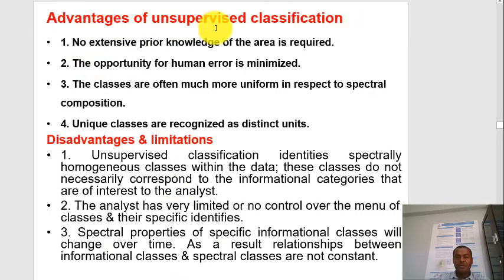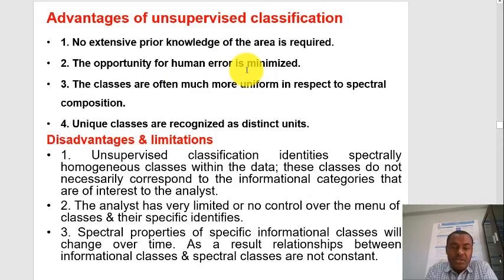This is the procedure, and these are the advantages of unsupervised classification. It's obvious. The unsupervised classification is not controlled by the analyst, so you don't need to go to the area that you are analyzing, so no extensive prior knowledge of the area is required. The other advantage is that the opportunity for human error is minimal.